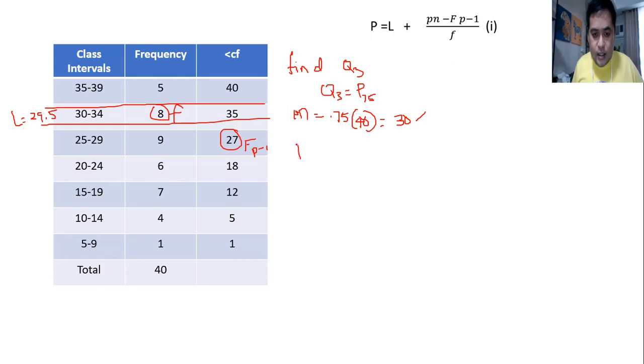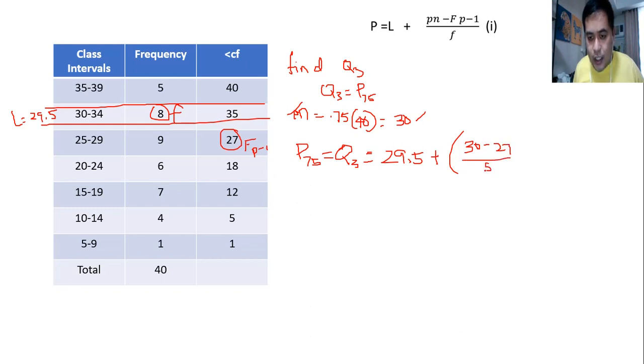So P75 or Q3 is equal to, your L is 29.5 plus, of course, we have Pn. Pn is equal to 30 minus 27 divided by, of course, your 8, the frequency, times, of course, the interval of 5.